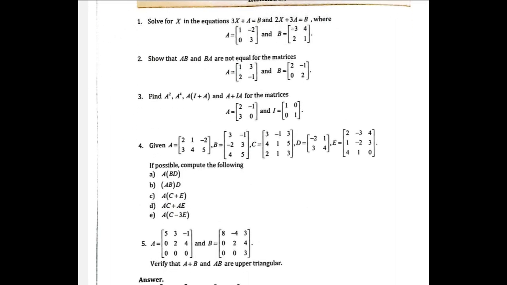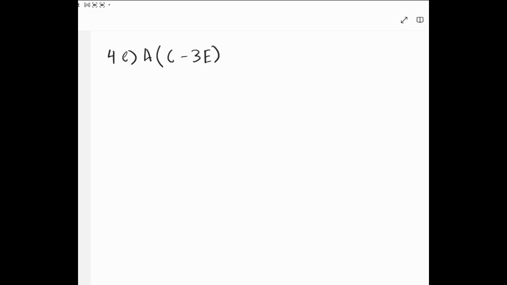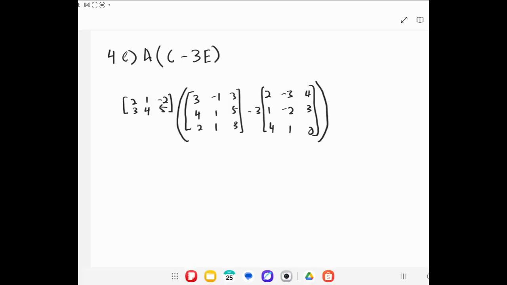Maybe let us try question 4e. Firstly, let's rewrite the matrix in this form. So let us first substitute all the needed matrices in the equation. Now, based on the priority, we are going to solve for this first.